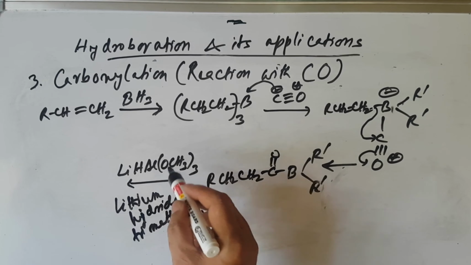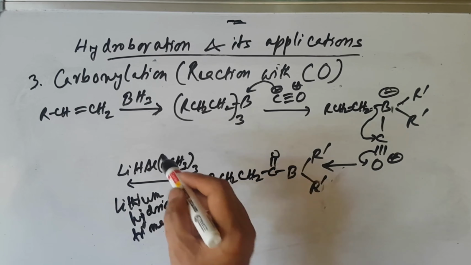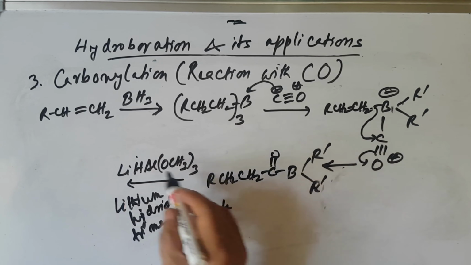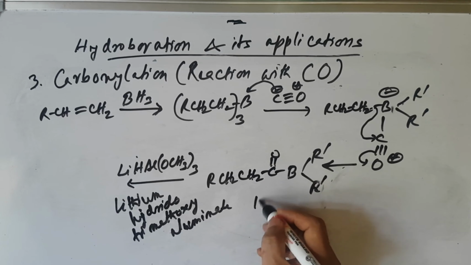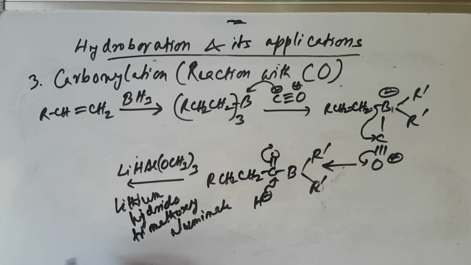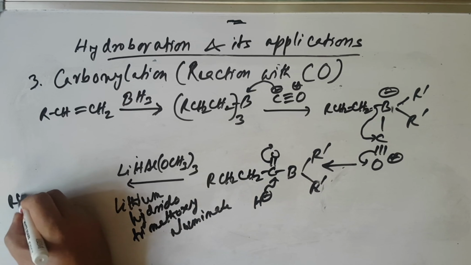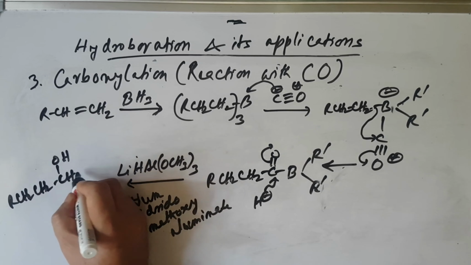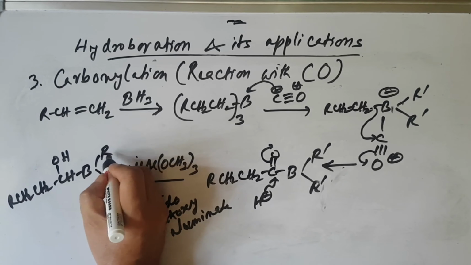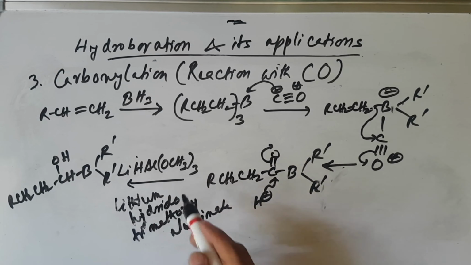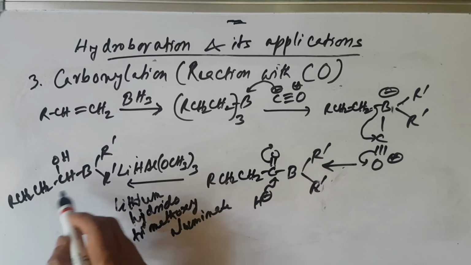So all 3 hydrogen atoms are replaced by methoxy groups, so there is only one hydrogen atom. So hydride transfer takes place from here, like the earlier cases. It takes the hydride from here, like this. Then hydrolysis gives one intermediate, RCH2, CH2, CH, OH. So we got this intermediate. When this compound reacts with lithium hydrido trimethoxyaluminate, we get this type of compound.